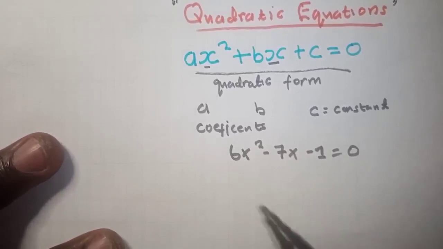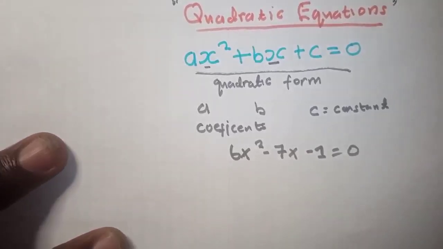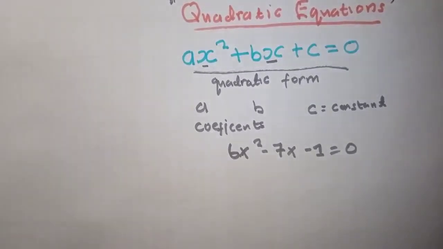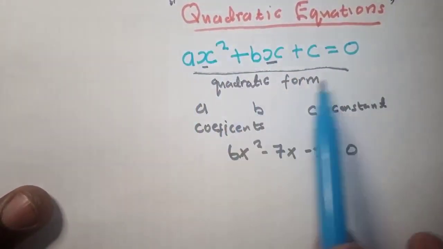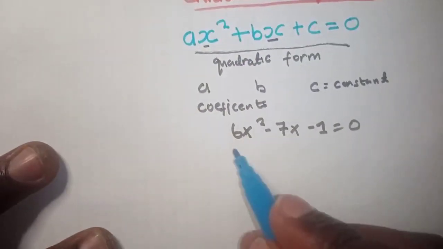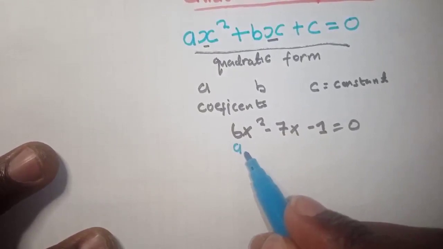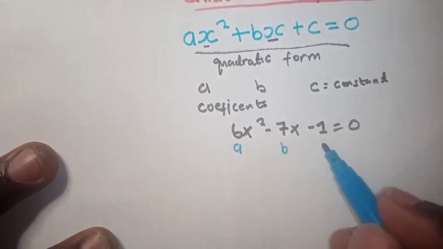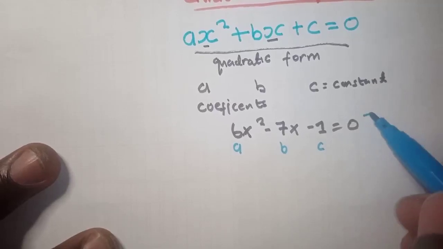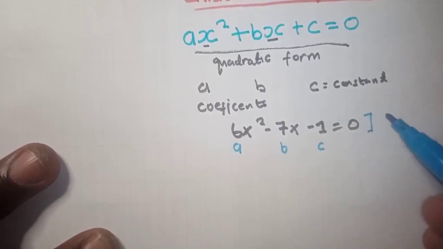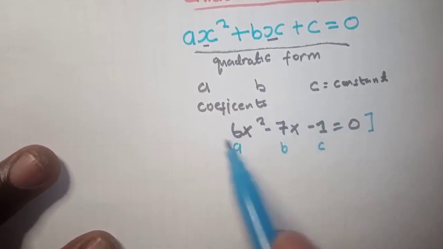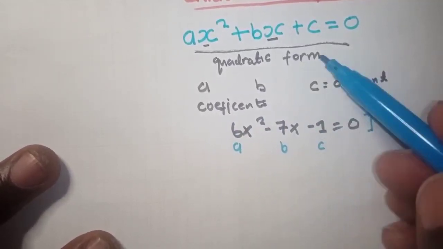When you compare the two, this will be your A, this will be your B, and this one will be your C. So this qualifies to be a quadratic equation, because it is in quadratic form.